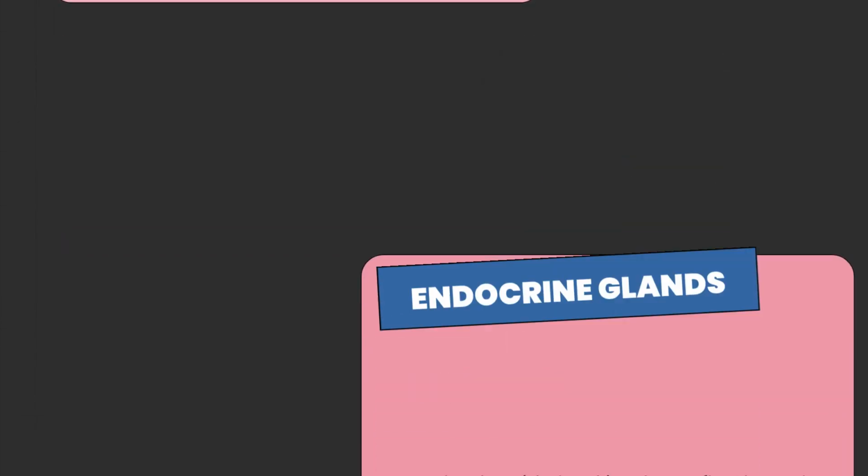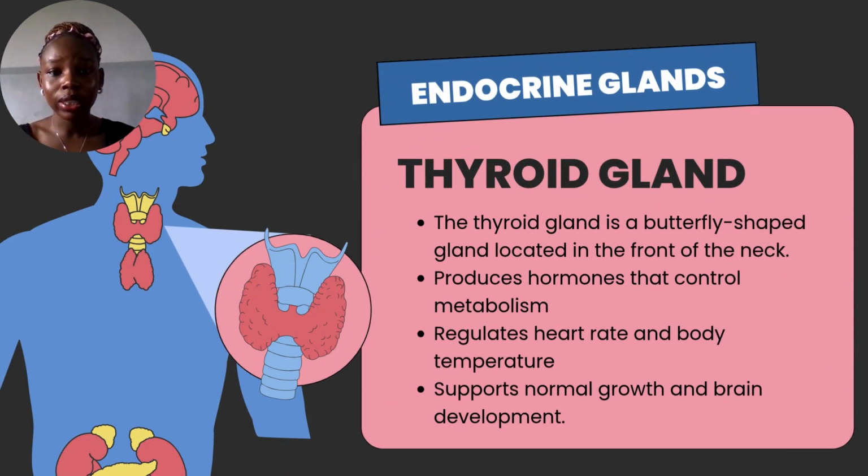The next hormone is the thyroid gland, and the thyroid gland is a butterfly shaped gland, and it is located in front of the neck. It helps to produce hormones that control metabolism. It also regulates heart rate and body temperature, and it also supports normal growth and brain development.